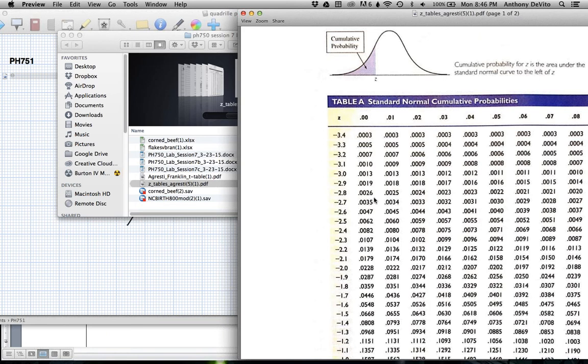So p needs to be less than alpha. Alpha is 0.05, p needs to be less than 0.05. So p is less than 0.05. So I reject my null hypothesis and I accept my alternative hypothesis that the average salary is different than 40,000.